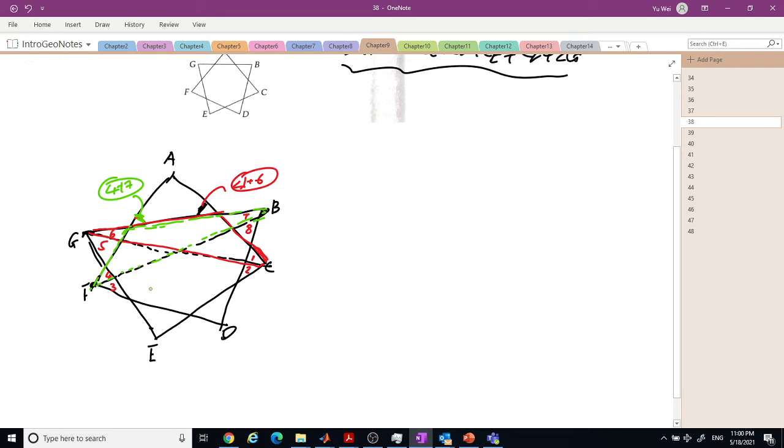Okay, now let's keep working on this. Now we have this angle, no problem, right? So now we have the angle A, plus the angles 4 and 7, and the angles 1 and 6, is equal to 180.